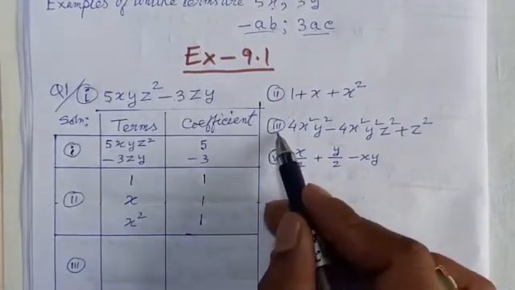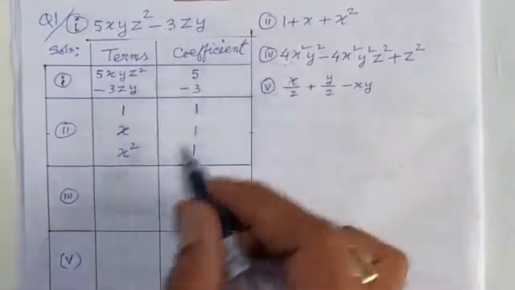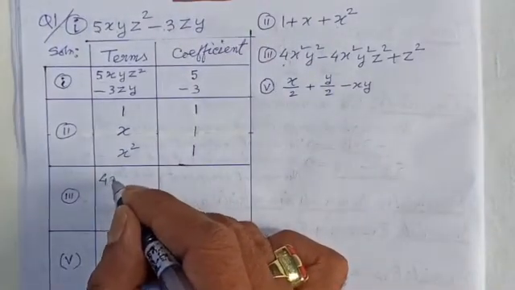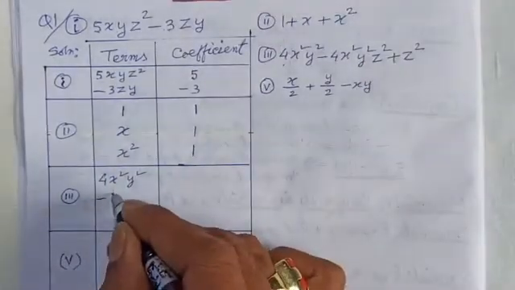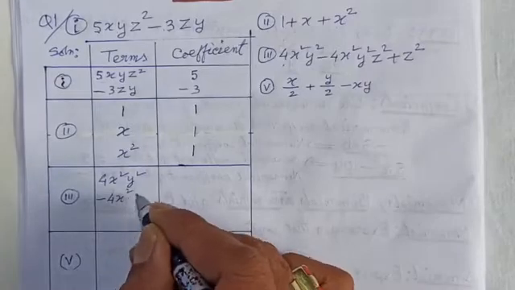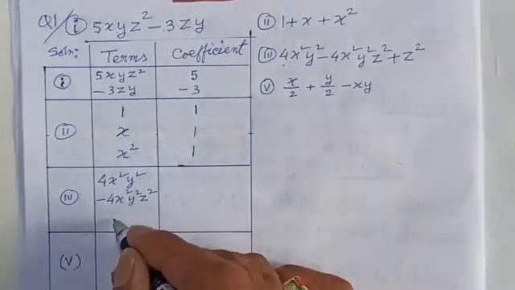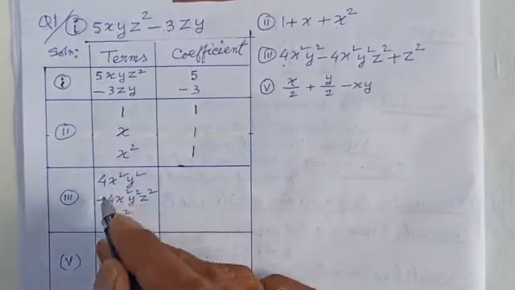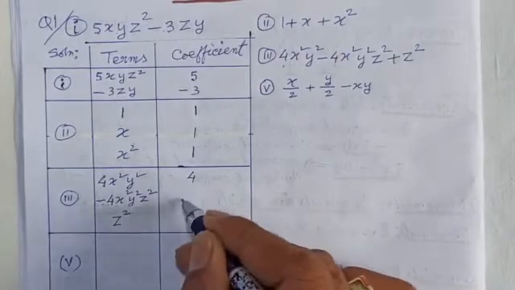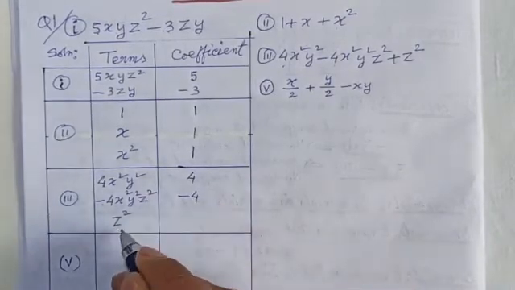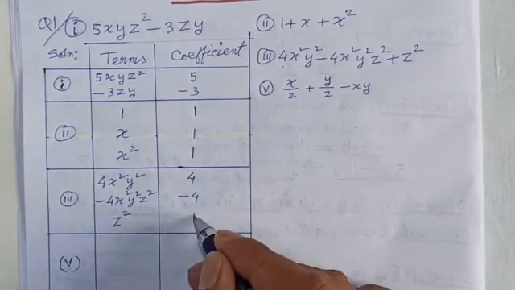In this Roman number 3, the first term is 4x squared y squared, second term is minus 4x squared y squared z squared, third term is z squared. So for the first term, this 4 is coefficient, for the second minus 4 is coefficient, and for this third term here is 1, so 1 is coefficient.